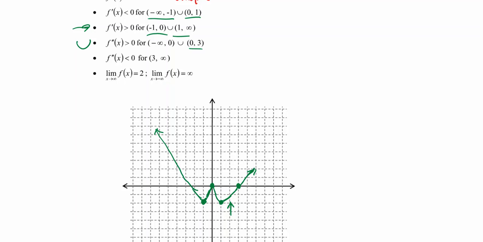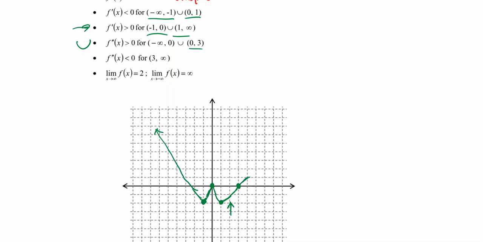This changes things up a little bit. It's saying it's concave up from 0 to 3, which makes sense. But the picture I had before was kind of going up like this still, and that's not the case. If it's only concave up from there to there, then this thing must turn around. It must start going concave down after that point.